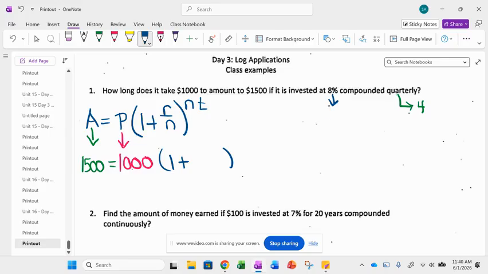Our rate is 8%, but I don't want to write the rate as a percent. I want to write it as a decimal. So how do I represent 8% as a decimal? 0.08, you got it. So my rate is going to be 0.08 compounded quarterly. So my n is 4. All raised to the 4t. And then it says how long. So what are we solving for? T, our time. How long does it take? That's our time.